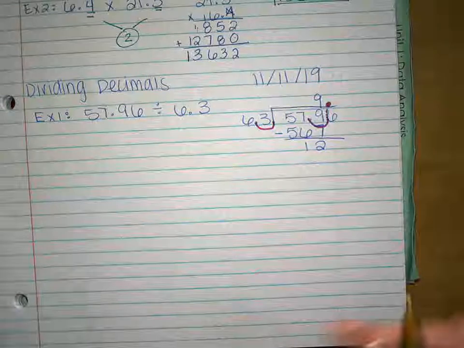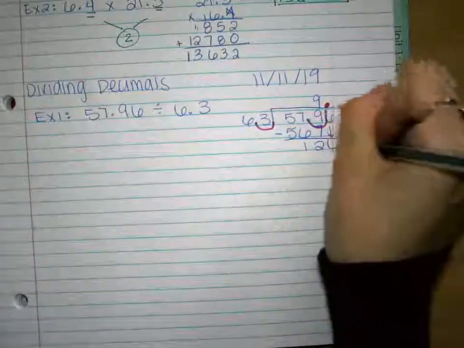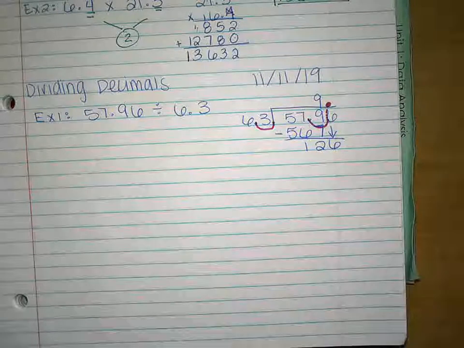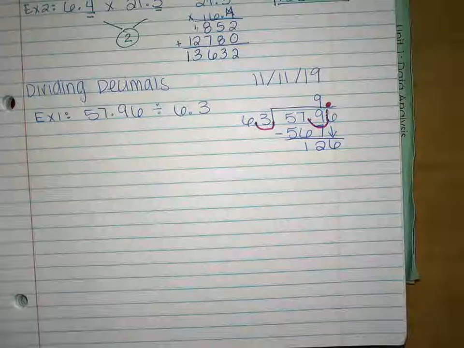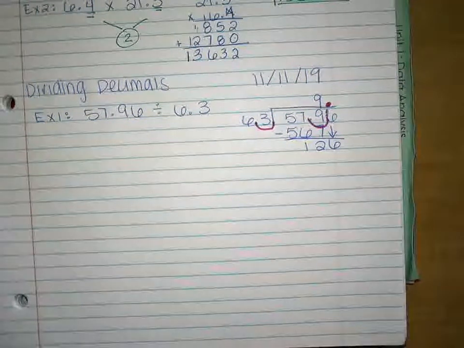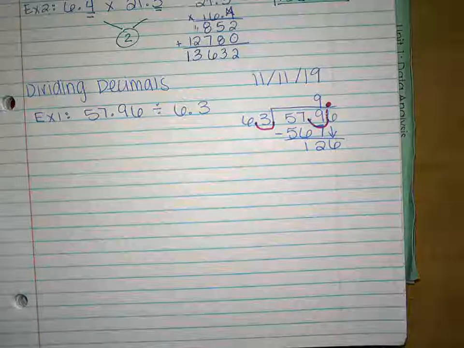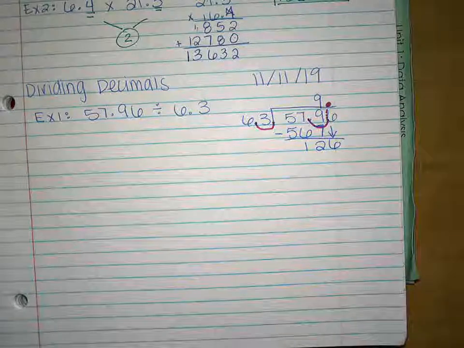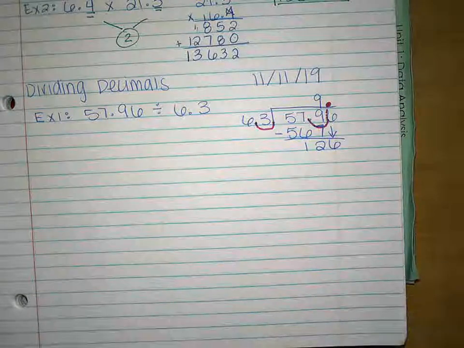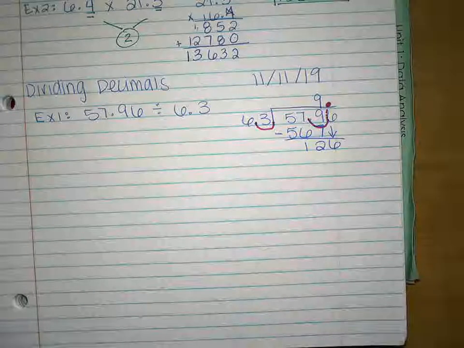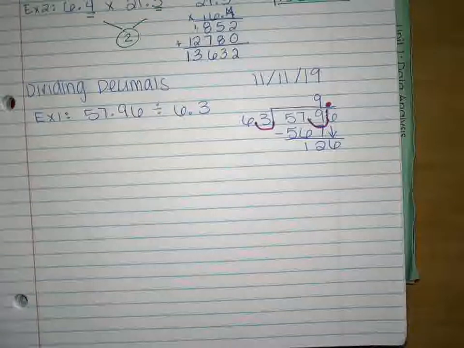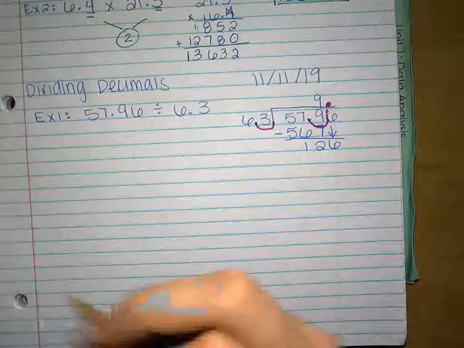And what do I do now? So now I need to figure out how many times 63 goes into 126. Don't say it out loud yet. How many times, guys? 2.